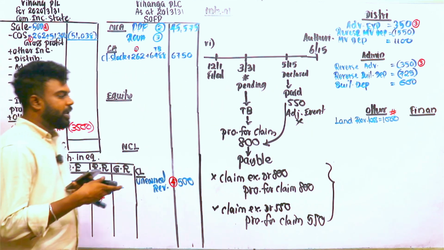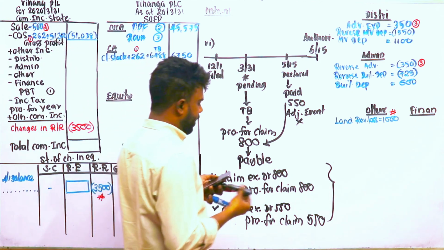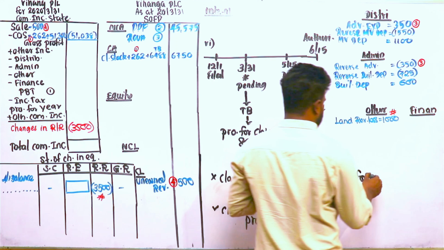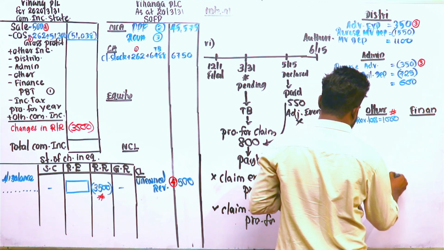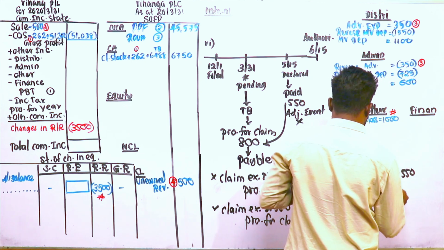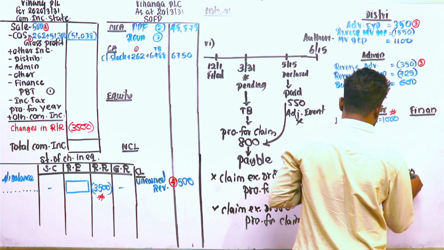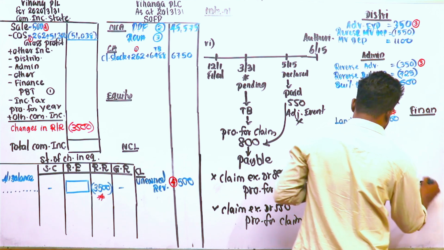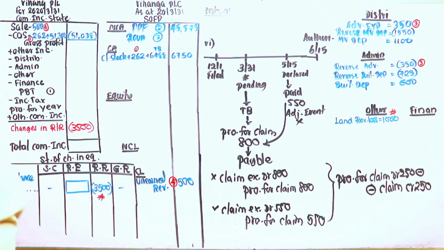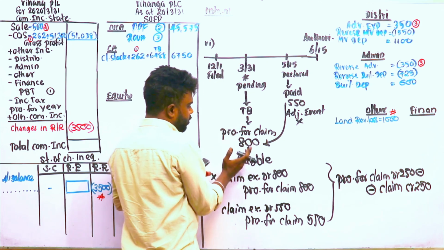How much is excess? 250. Provision is debited, claim expense credited 250. You deduct the excess that was recorded. Here it is an adjusting event, so you have to record it as payable.